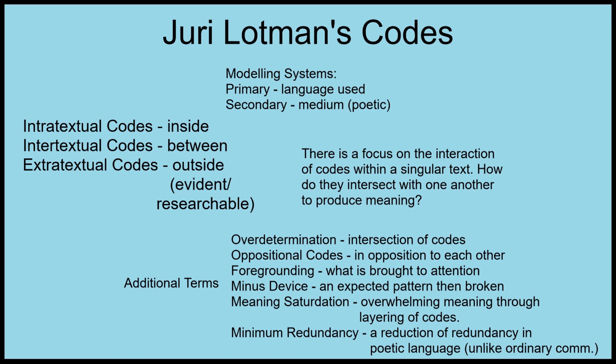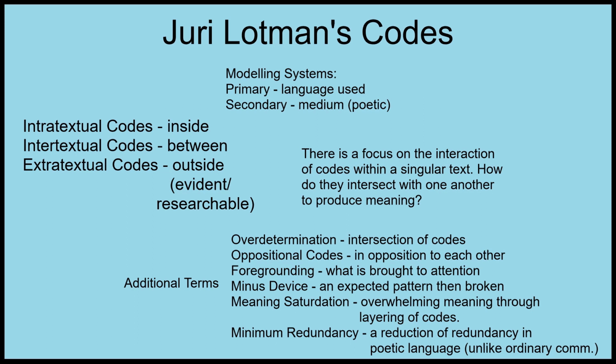But in very, very basic terms, if you're writing about this in an essay, you should try to keep it quite constrained. All right, so these additional terms you see there at the bottom are overdetermination, oppositional codes, foregrounding, minus devices, meaning saturation, and minimum redundancy.